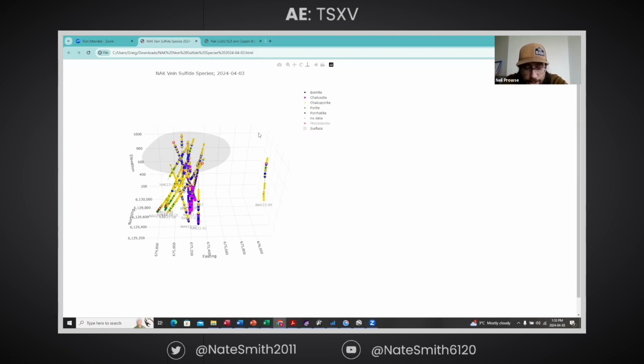So it looks like it comes in later. We don't see a lot of disseminated moly or replacement moly in the conglomerate, similar to how we see the bornite and the chalcopyrite mineralized within those lithologies. The moly is almost always coming in cutting that mineralization, so later. So you're probably on the right track there.